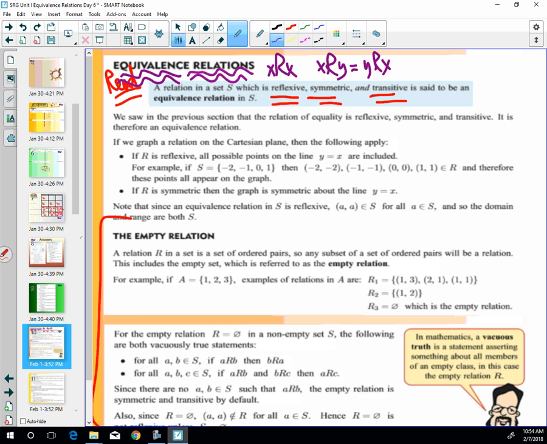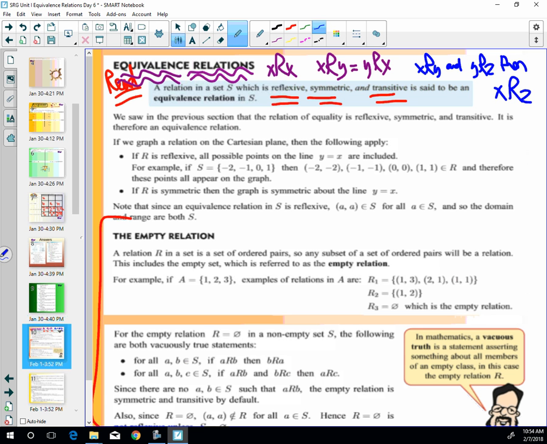And then you have the transitive, which is the last one: if X R Y and Y R Z, then X R Z. Those three things have to occur to be able to say that an equivalence relation exists.